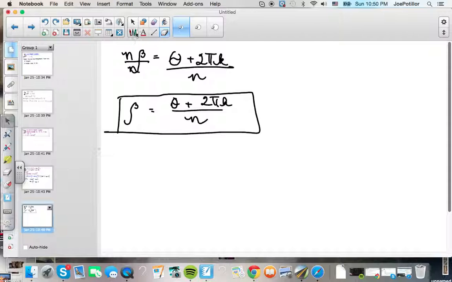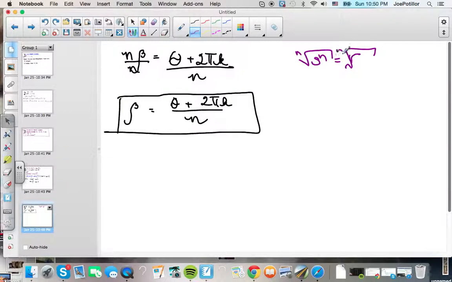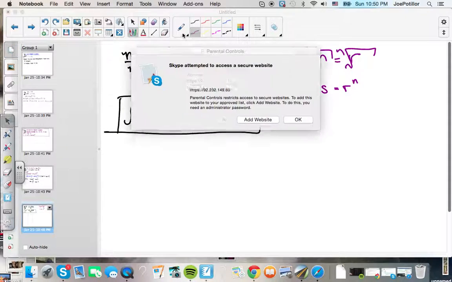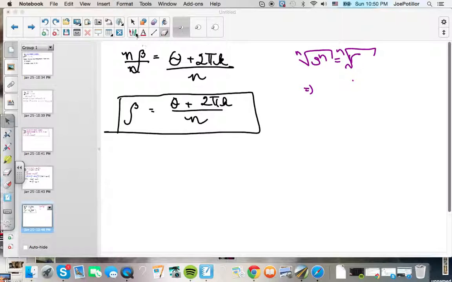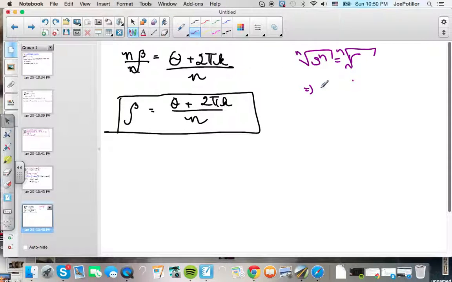I wrote it wrong. S to the n is equal to r. If I take the nth root of both sides, I get s is equal to r to the 1 over n, or the nth root of r. Okay. So we get s is equal to the nth root of r, like that.